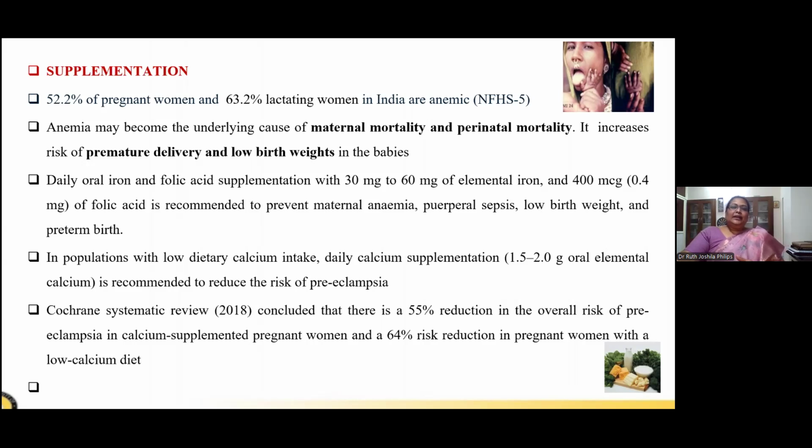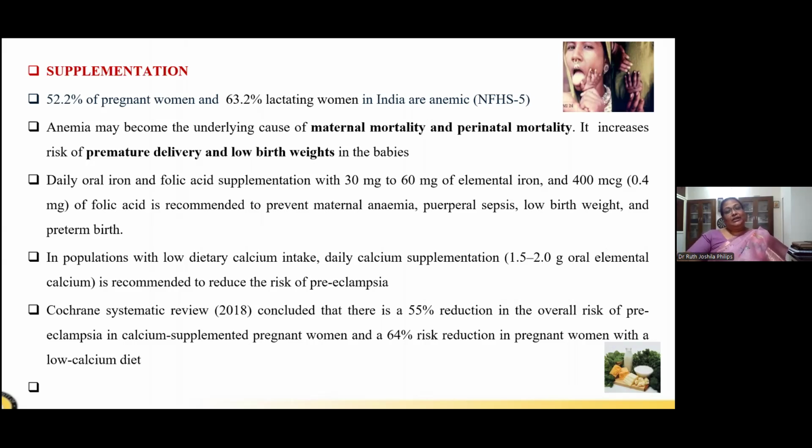Yes. Then talking about calcium, a lot of our Indian women also have calcium deficiency, either because they are poor and not able to afford milk products and calcium-rich diets, or because of their dietary habits. A lot of urban women are turning vegan, where they avoid milk and milk products, so in such people also we can expect calcium deficiency.